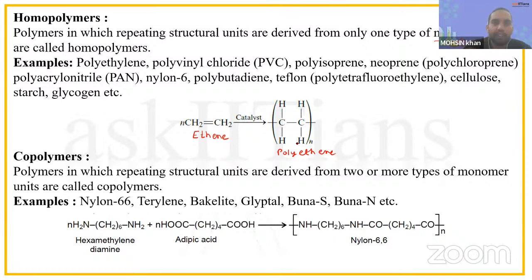So based on the type of monomer, we have two types of polymers: homopolymer, made of one repeating monomer, and copolymer, made of two or more types of monomer unit.